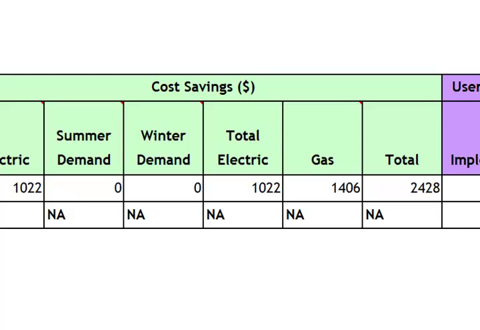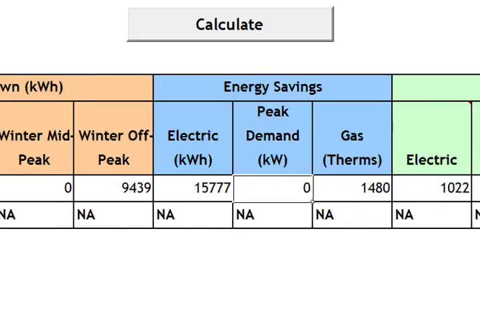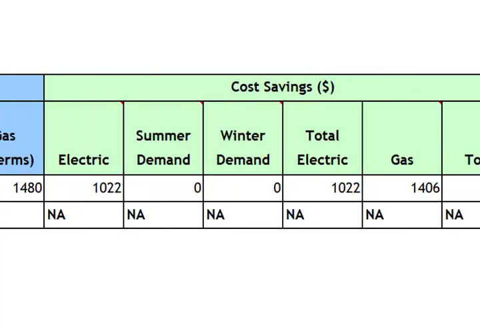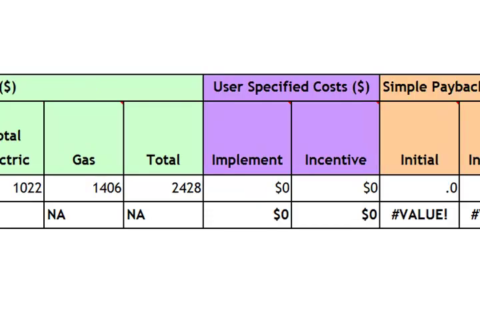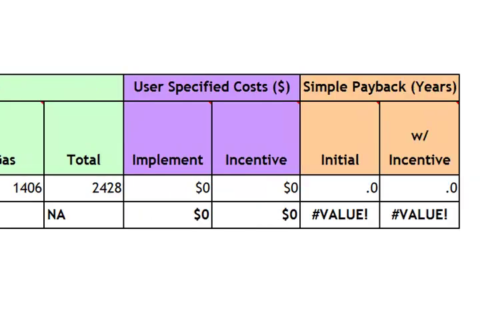So here we see our energy savings. We have our electric savings on a utility time of use period basis, and then our cost savings. And then also over here you can put in the implementation cost associated with the measure to calculate a simple payback.